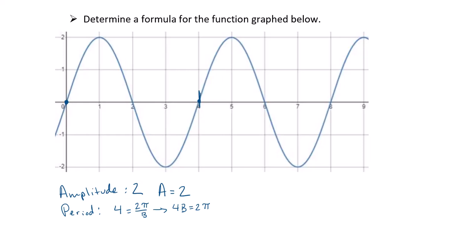This means my b is pi over 2. We don't have a phase shift and we don't have a vertical shift. So quite simply, our formula is y equals 2 sine of pi over 2 x.